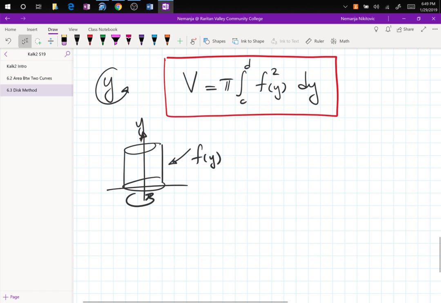Immediately, problem to solve that. Problem 22 is an excellent example.